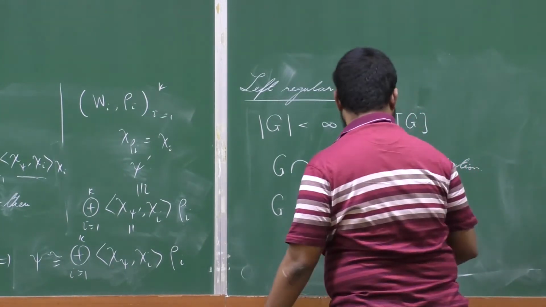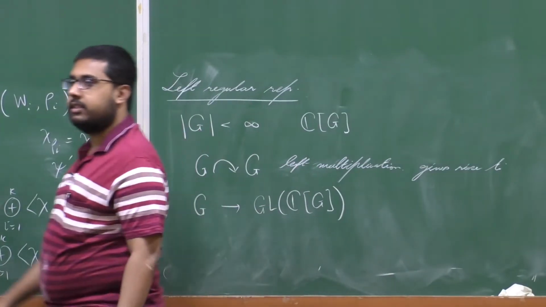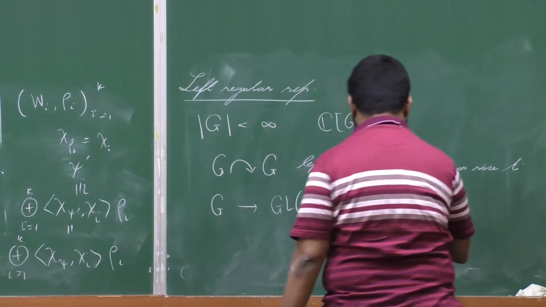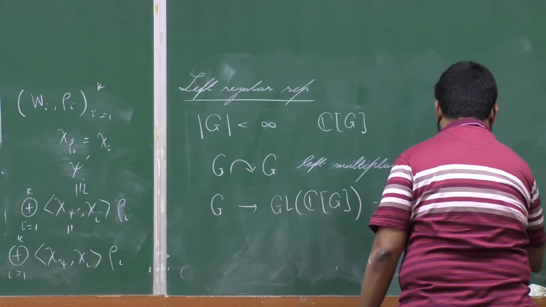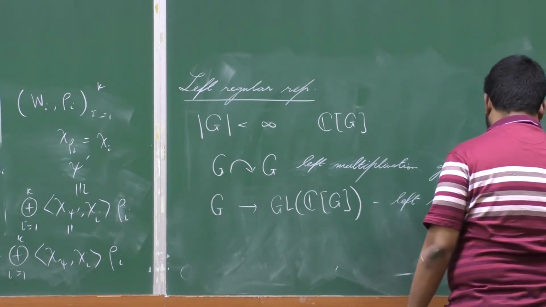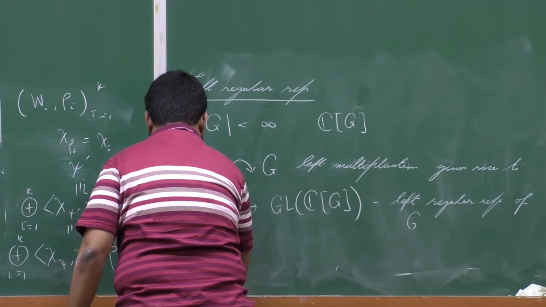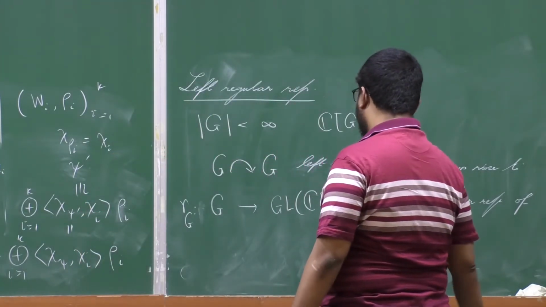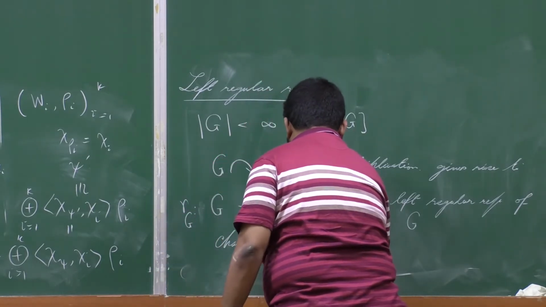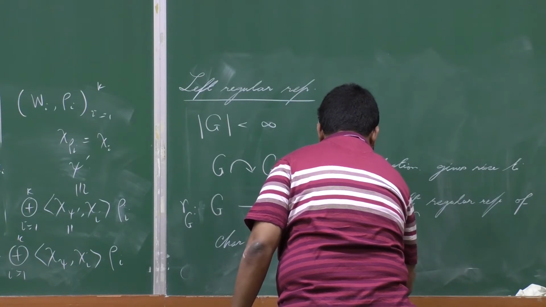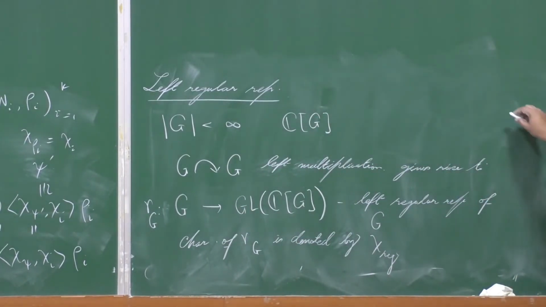So, this action gives rise to this representation, which we call the left regular representation of G. So, we sometimes denote this representation by R_G, and the character of R_G is denoted by chi-reg, the character of the regular representation.